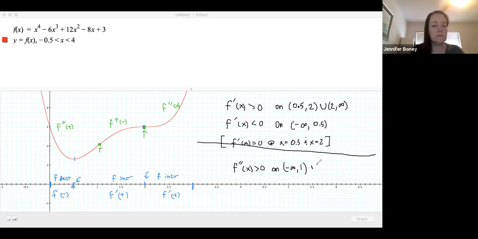And then again, union from 2 through infinity. It's curved downward, second derivative less than 0, in between there, 1 through 2. And the only other part that isn't mentioned where it says equal to 0 is, again, individual spots, those inflections, the places where it changes curvature at x equals 1 and x equals 2.